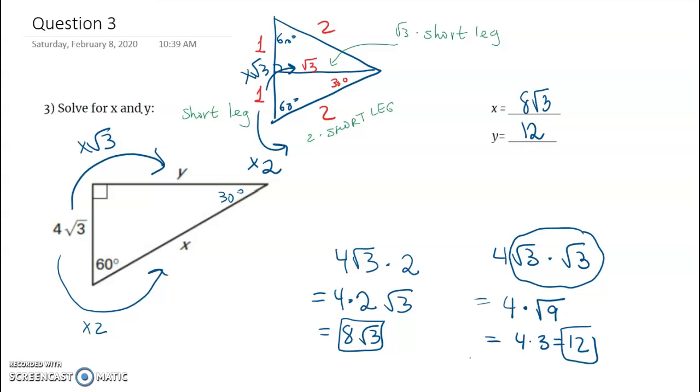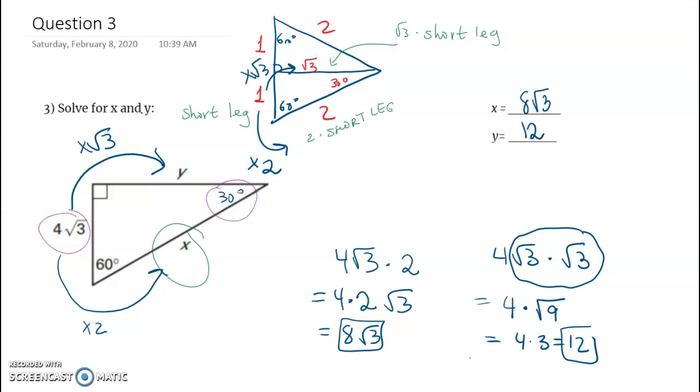Now, I want to give you a couple of hints about how to check your work. So one option, if you just have a few seconds, just make sure that the numbers actually make sense, meaning that your longest side is in fact across from 90 degrees, your shortest side is in fact across from your smallest angle. So for example, 4 root 3 should be your smallest because it's across from your smallest angle.